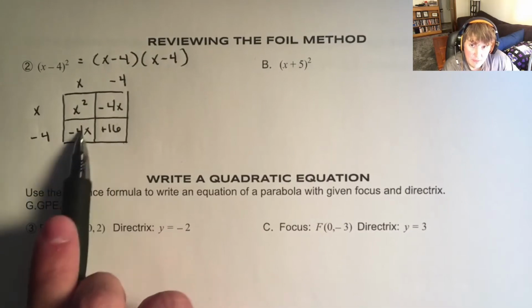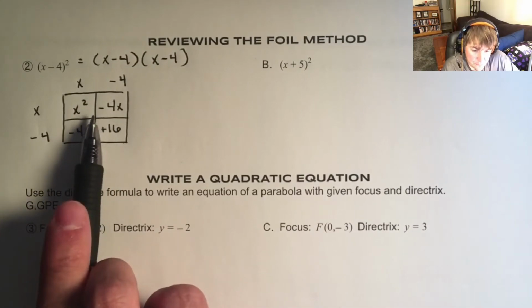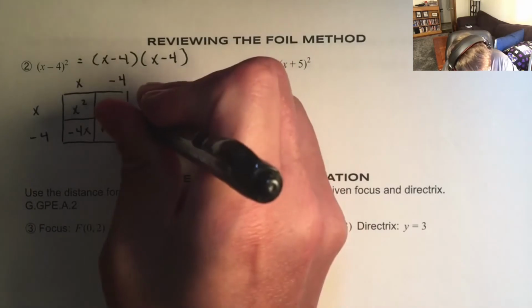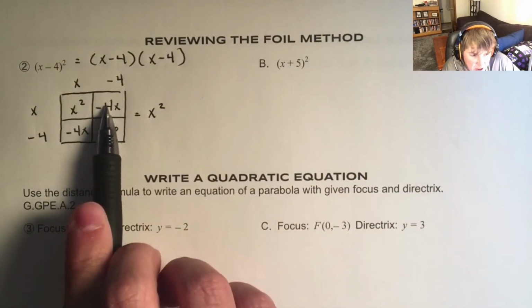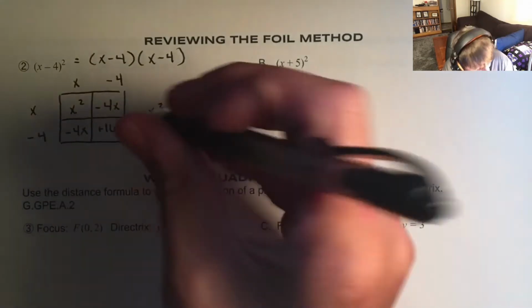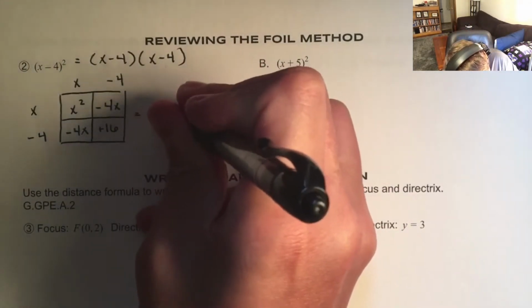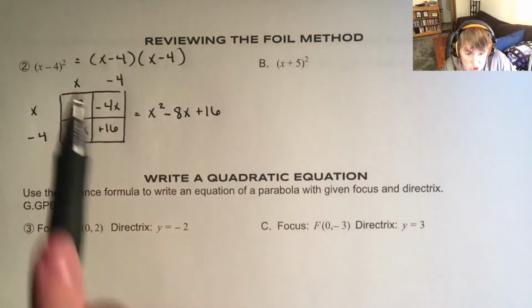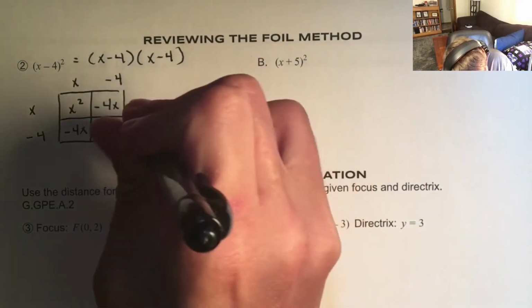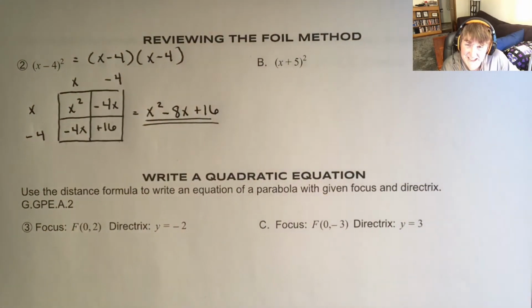But here we have some like terms that can be combined. What is negative 4x and negative 4x together? It'd be negative 8x, and then plus 16. So x minus 4 squared is the same exact thing as x squared minus 8x plus 16.